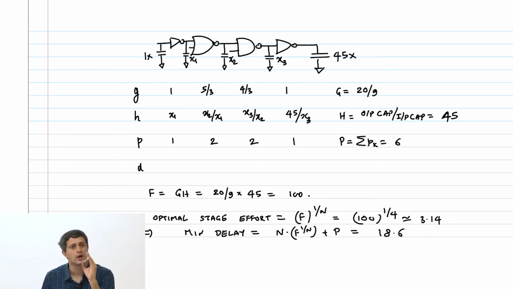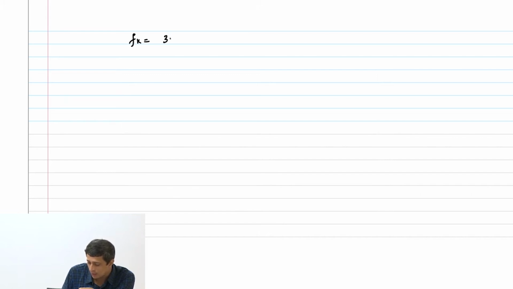So now what you can do is go step by step and solve for the x values, so that you can find out what the capacitances are. Each Fk has to be 3.14.